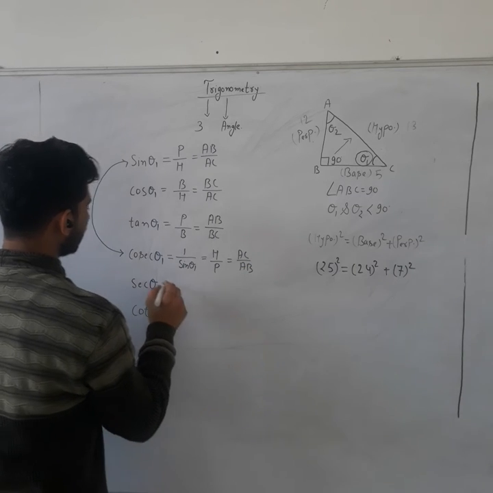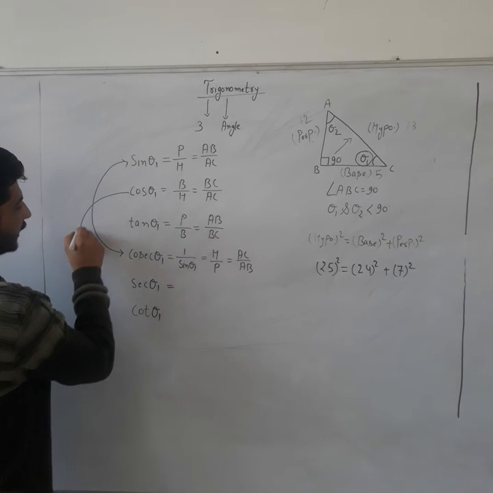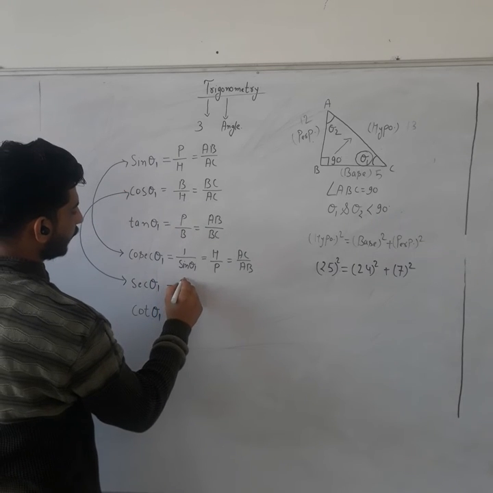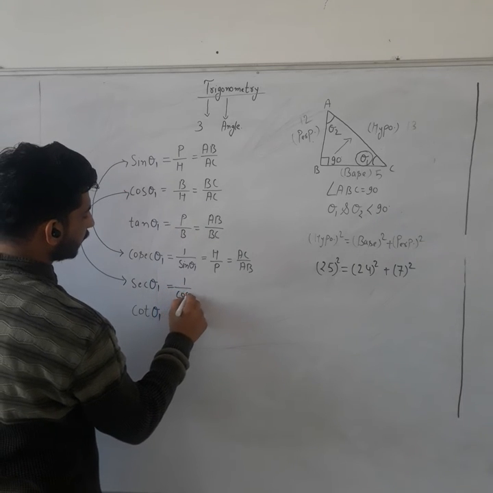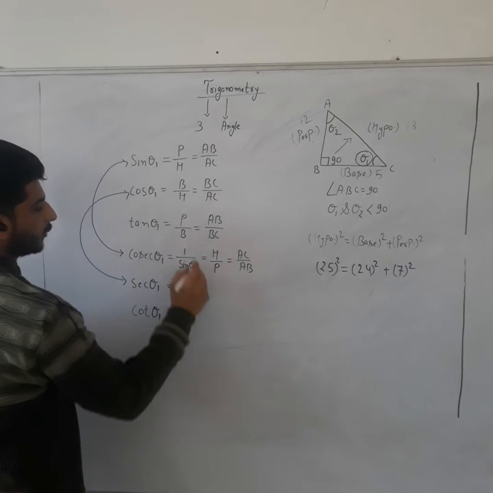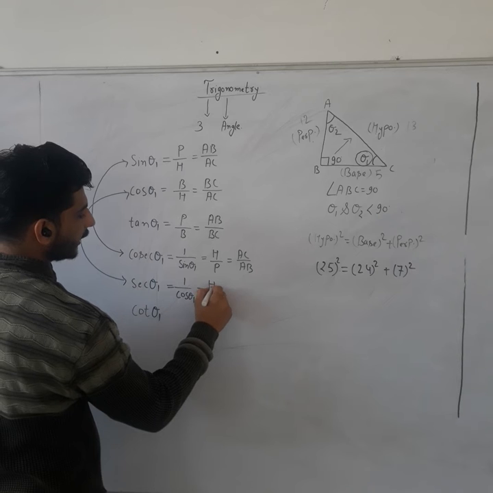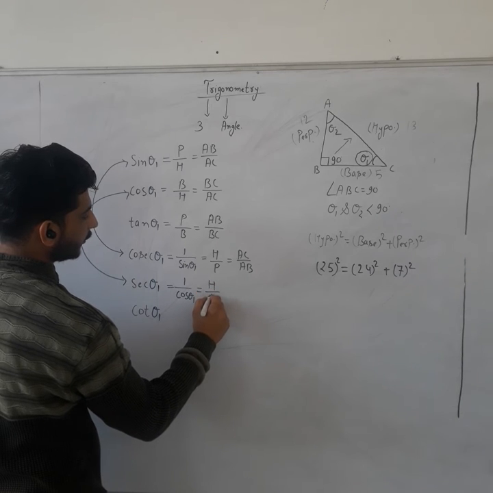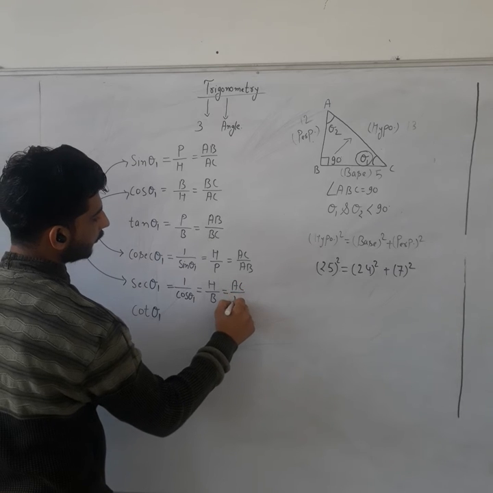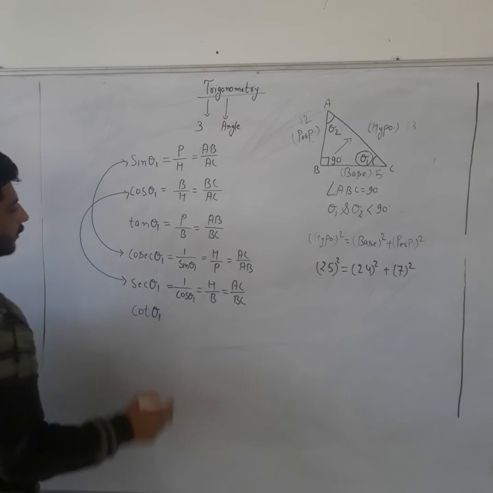In the same way, cos theta and sec theta are also reciprocal to each other. So 1 upon cos theta 1. Cos theta 1 is equal to B upon H, base upon hypotenuse. So sec theta is equal to hypotenuse upon base. That is AC upon BC. Next one, tan theta.